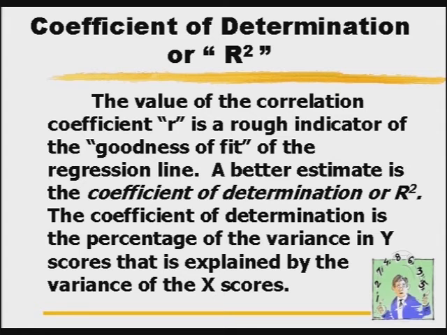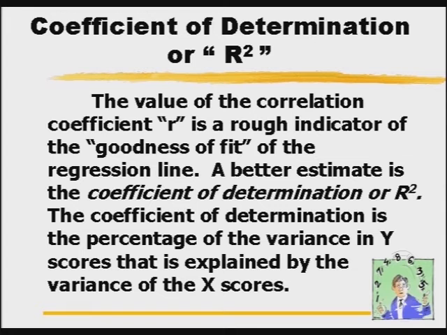Now, the R square is related to the value of the correlation coefficient. While the correlation is a rough indicator of the goodness of fit of the regression line, the R square is actually a better estimator. And the coefficient of determination is literally the square of the correlation coefficient.